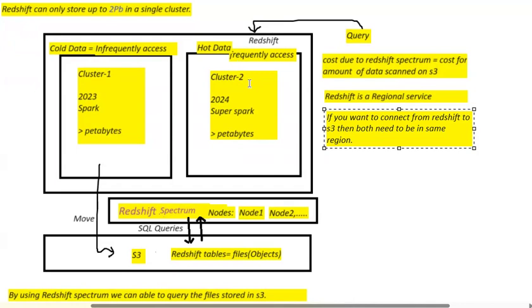Let's say my S3 is present in the Mumbai region and my Redshift is present in the Hyderabad region. Now, how do we provide communication between them? Since they are present in different regions, if you want to provide communication between them, use a concept called cross region replication under S3.